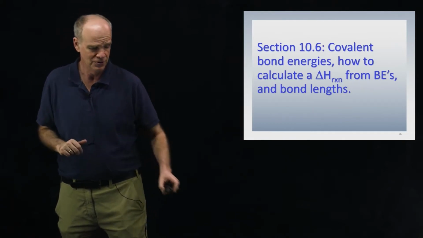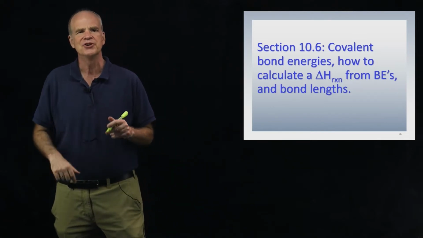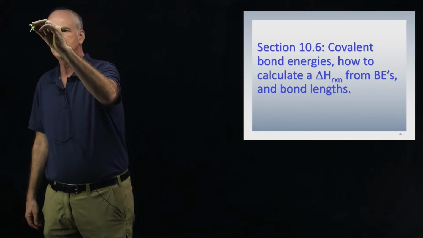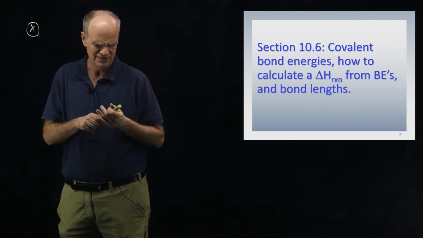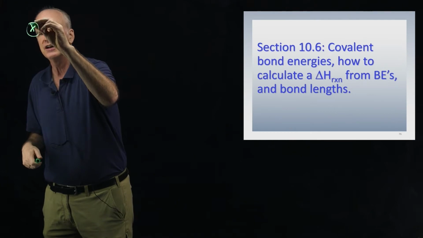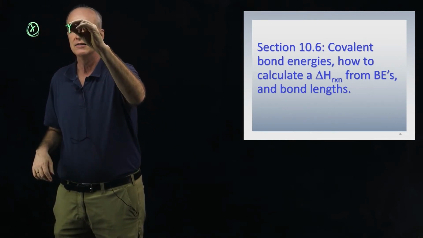So before we start doing that, let me make some summary points here. The first summary point is this. Let's say you have atom X, and it's just flying around in space. So here is atom X. And let's say there's atom Y, and they're out here in space.